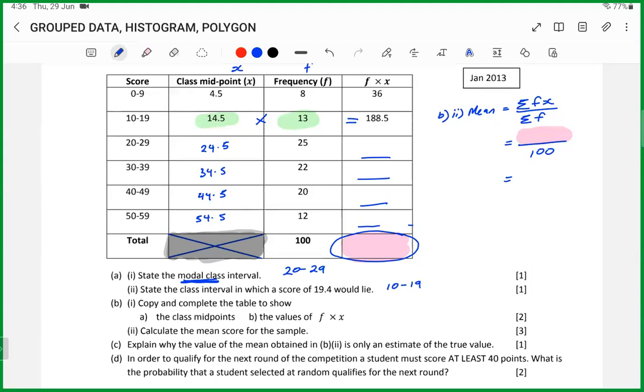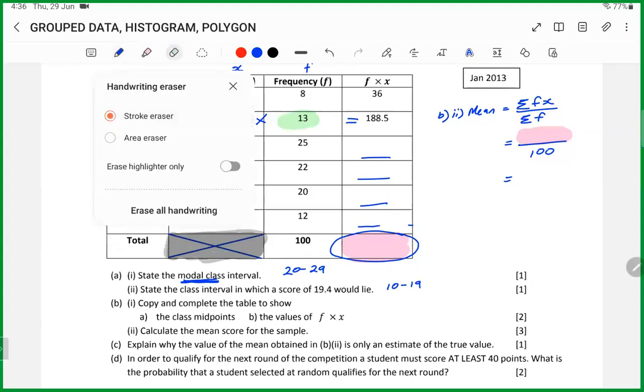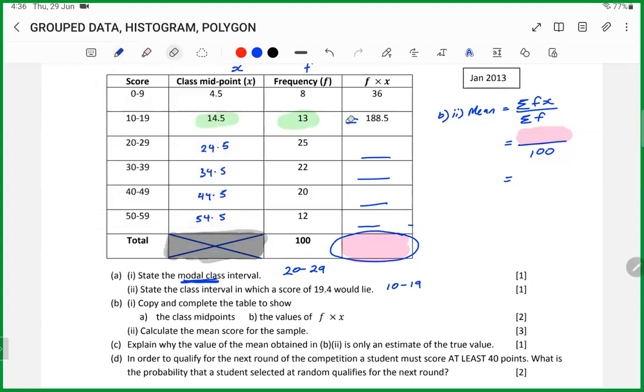Okay, so I'm going to start filling in the table. Actually, I'll leave the shading on this.